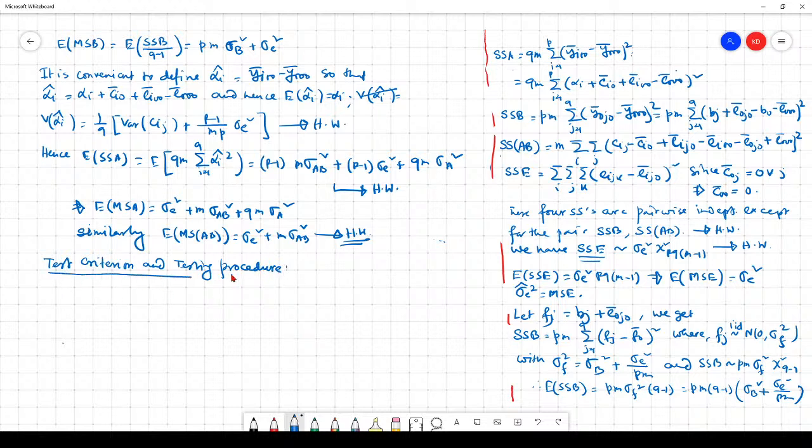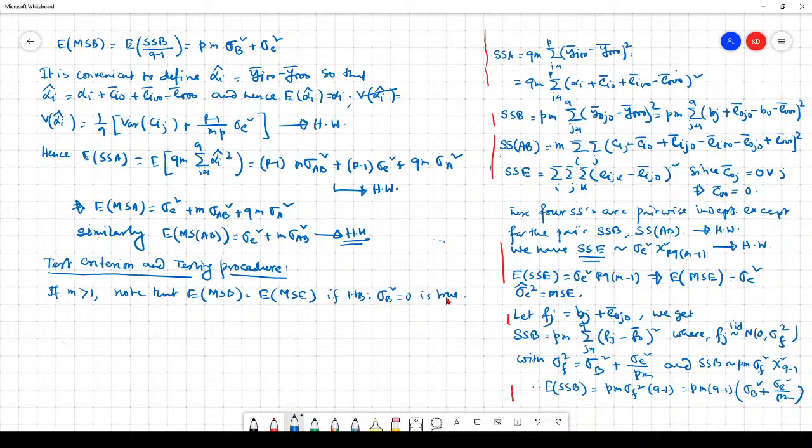So if n greater than 1, note that expectation of MSB equal to MSE if HB sigma b square equal to 0 is true.